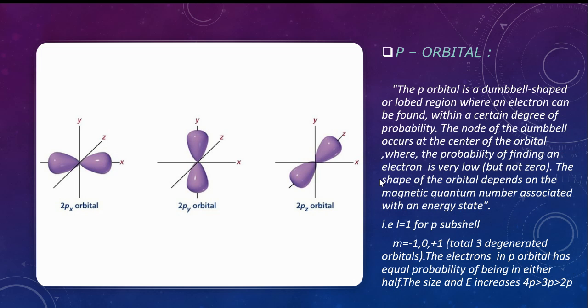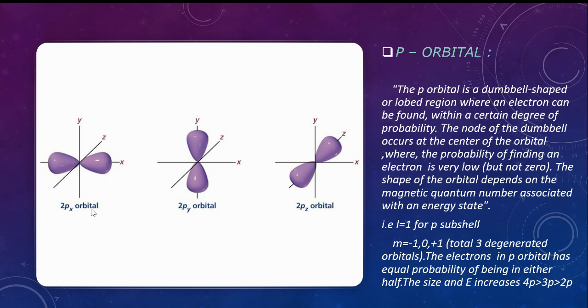The p orbital, here it is visible that the shape is dumbbell, and each orbital has two lobes and the middle is the nodal plane. The p orbitals are oriented in three directions.